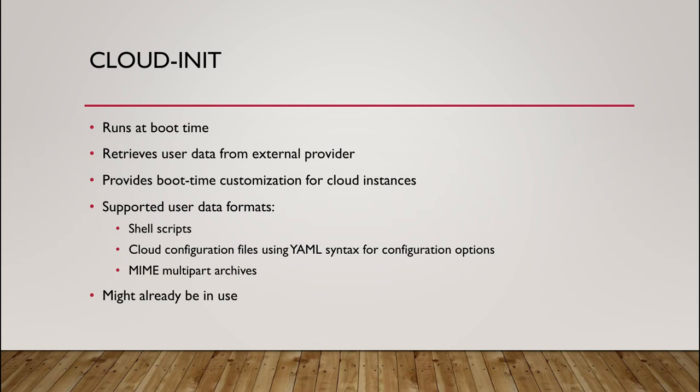Suppose you want to add a particular user with a particular SSH key. In that situation, cloud-init adds those customizations at boot time when it is launching the cloud instance. It supports user data formats like shell script, so you can use shell scripts with cloud-init, or a cloud configuration file using YAML syntax for configuration options, and it also supports a MIME multipart archive to configure the instance.